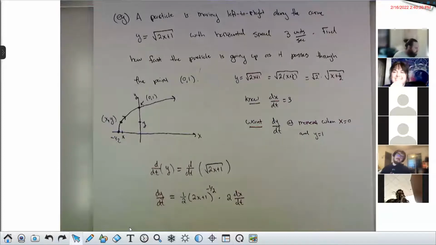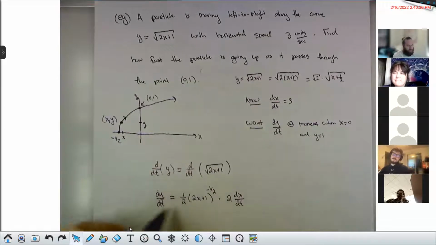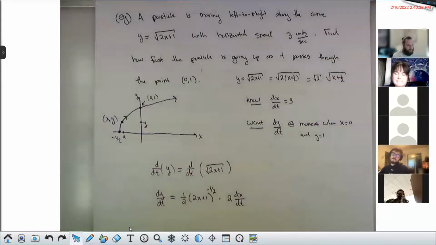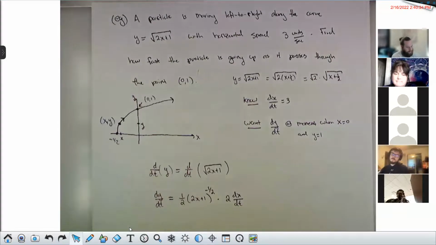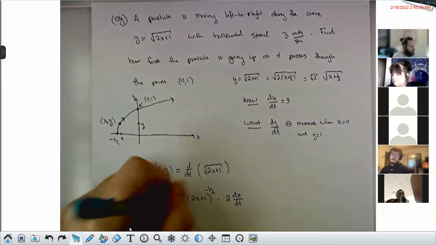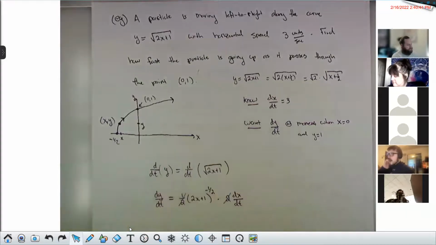All right. So we differentiate on both sides with respect to time. All we got to do now is plug in the stuff we know. I'm after dy/dt, so it's convenient. This is kind of already solved for dy/dt. The 1/2 and the 2 on the right-hand side, since everybody here is being multiplied, are going to cancel.